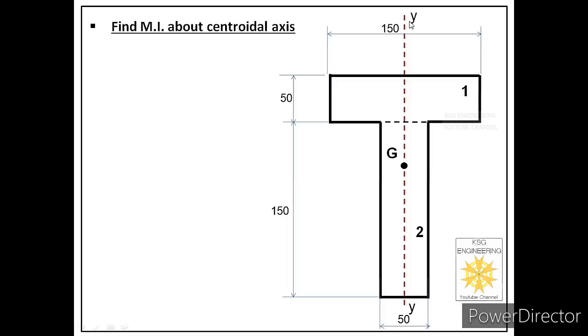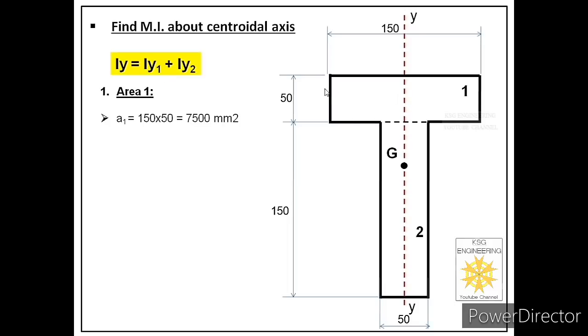So what will the equation be then? The equation will be Iy equal to Iy1 plus Iy2, where Iy1 is the moment of inertia of area 1 about the main axis yy, and Iy2 is the moment of inertia of area 2 about the main axis yy. Okay, so first of all we have to find Iy1. So let us first find Iy1.